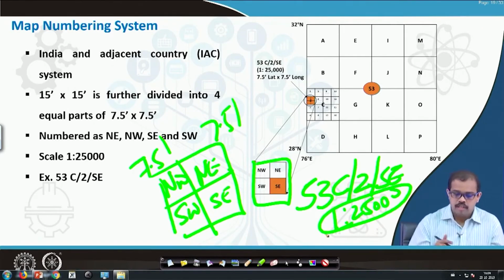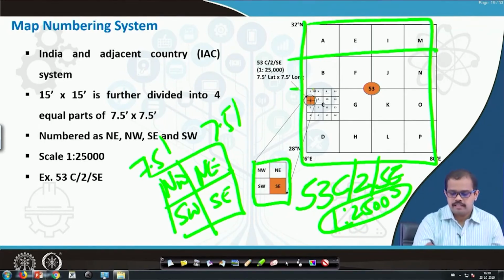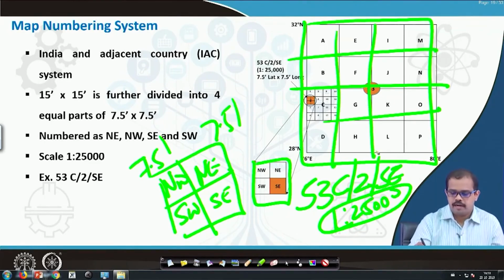So the 1:1 million map is 53, which is represented here. Then I will divide this into 16 parts, so it becomes 1 is to 50,000.